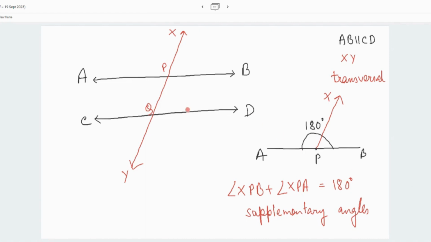Now from this figure itself, ঠিক আছে, একটা pair কিন্তু নয়. If you look closely, there isn't one pair. We have many pairs of supplementary angles.